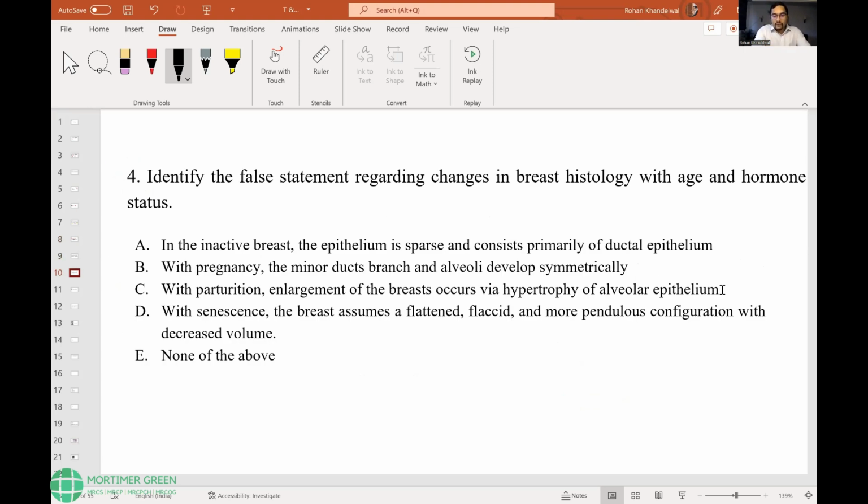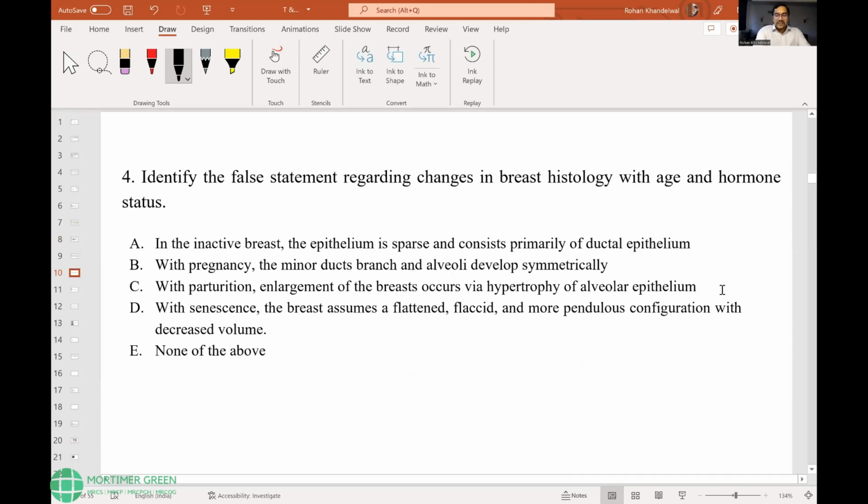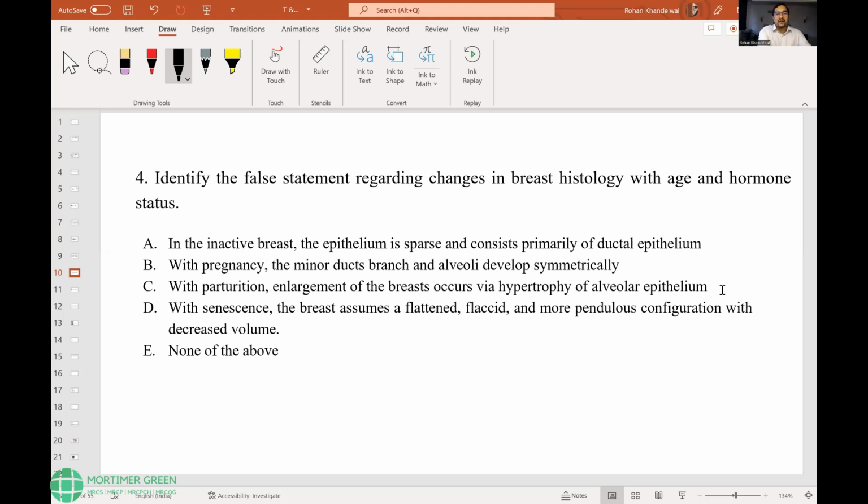So we have to identify the false statement regarding the changes in breast histology with age and hormonal status. So these are the questions which sometimes bother students, because we study about all the pathological conditions, but we usually miss out on the embryogenesis or the development of various organs. And that is what is exploited in the MRCS exam. Okay. So here, inactive breast, the epithelium is sparse and consists primarily of ductal epithelium.